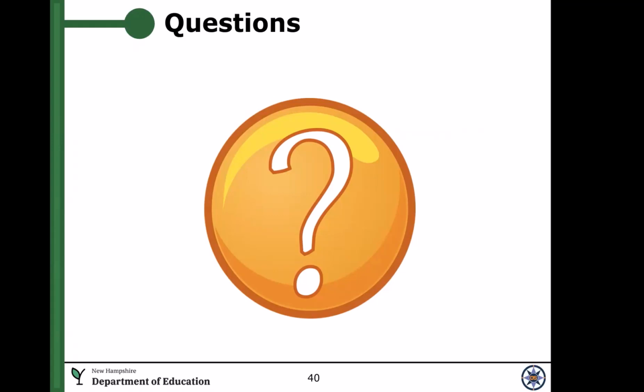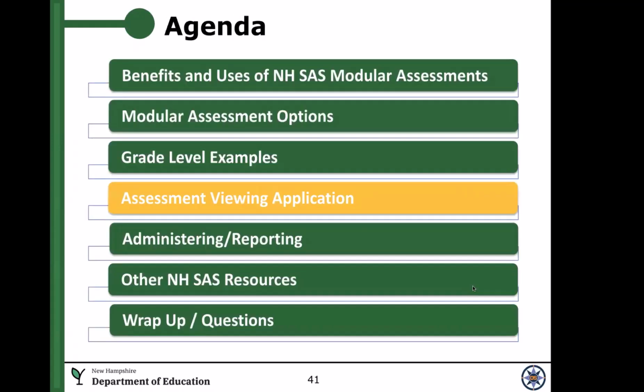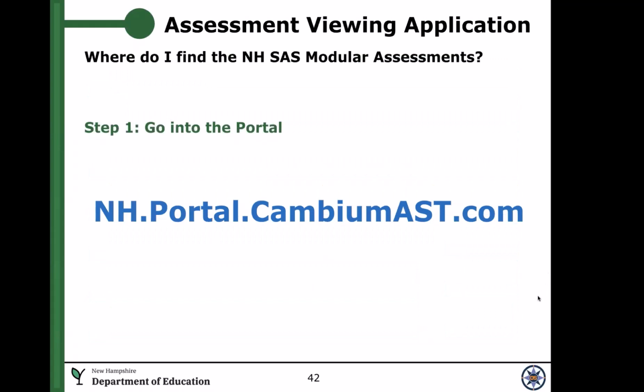Thank you. Great. Okay. So now I want to talk about where you can see the modular questions. It's called the assessment viewing application, and I've given you the steps of how to get there by using the New Hampshire SAS portal. If you just type in New Hampshire SAS, I think it's the second thing that shows up.